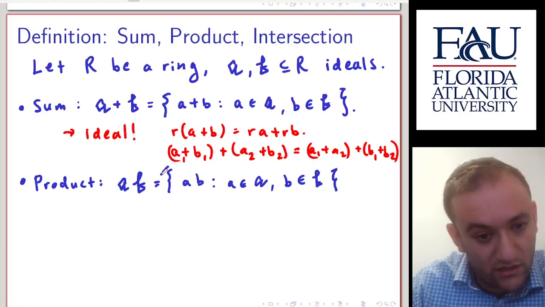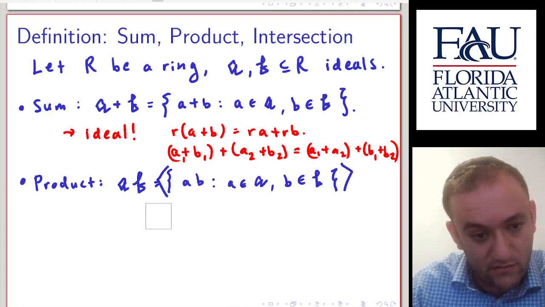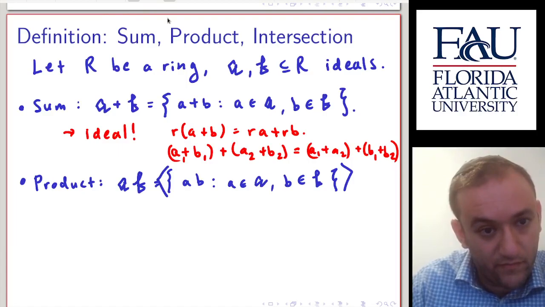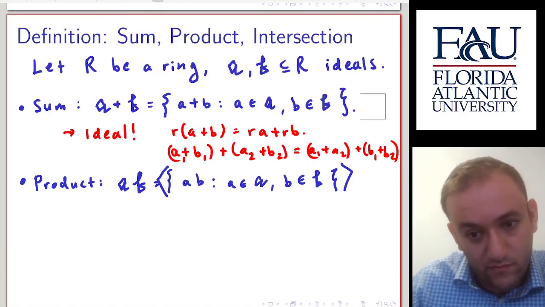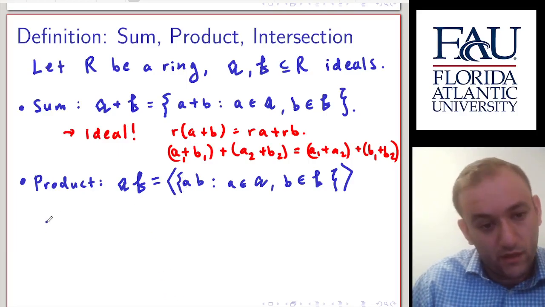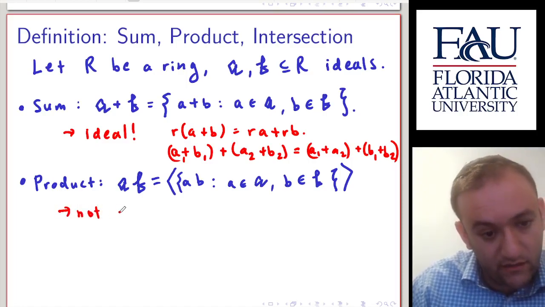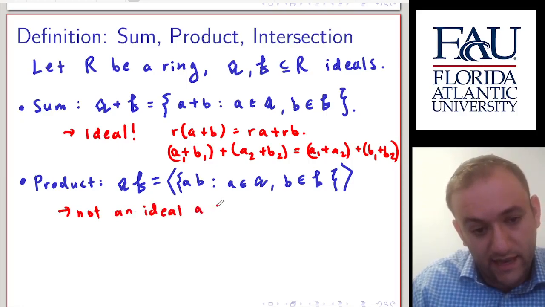So we have to additionally take the ideal that this generates. Okay. So you can see that by observing the fact that, so let's say not an ideal as a set of products.